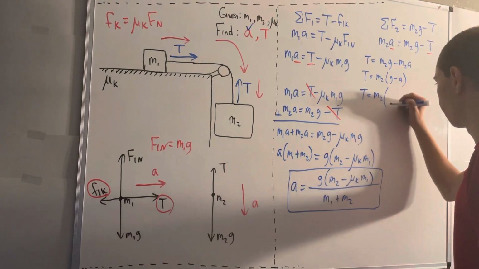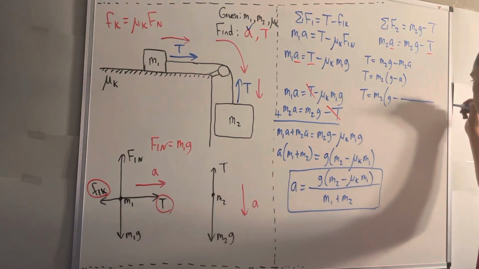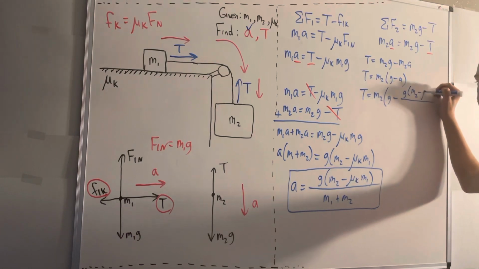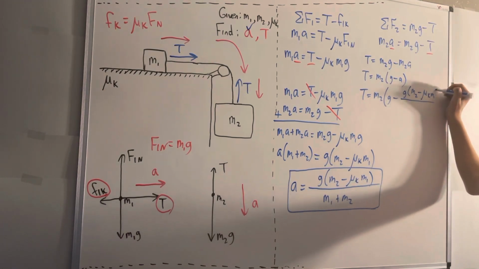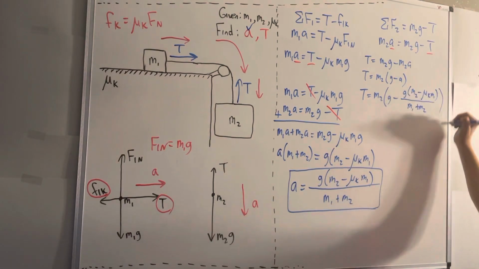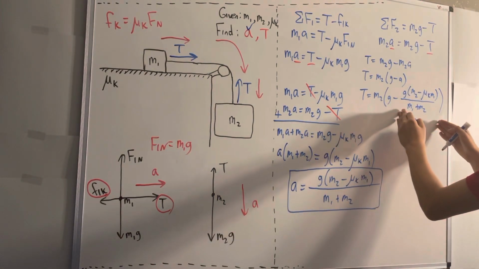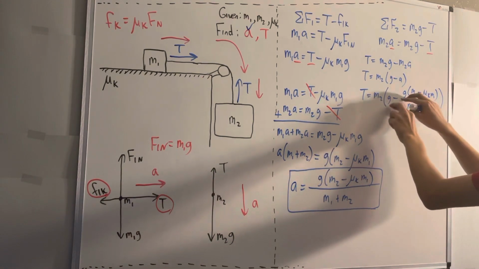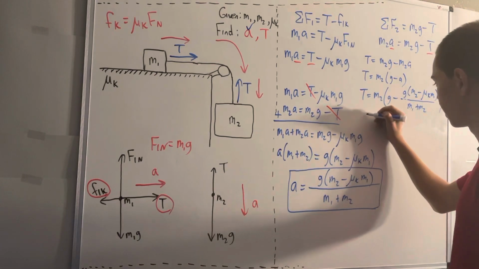I think we'll have enough room. g times m2 minus mu k m1 all over m1 plus m2. Yeah, that's basically what we have. And notice how we could factor out g from this, can't we? We can factor out g. And so this is actually pretty cool.